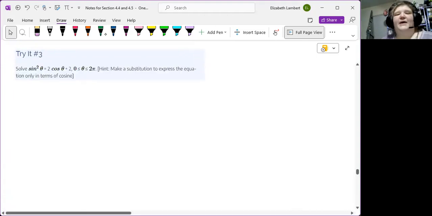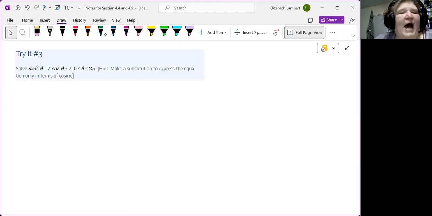And all right, now this one. Sine squared equals 2 cosine theta plus 2. Why? Because they could. All right, so sine squared, but everything else is in terms of cosine. There's not a good way to turn regular cosine into sine, but sine squared, that I can interchange for cosine squared with one of our favorite identities.